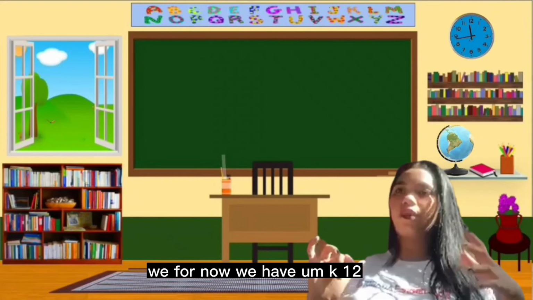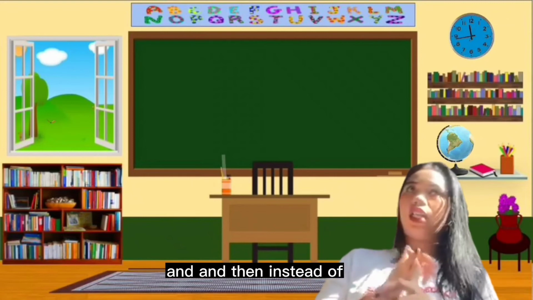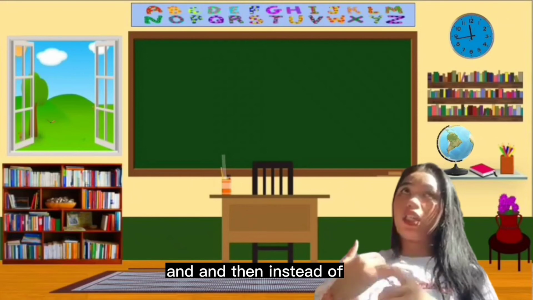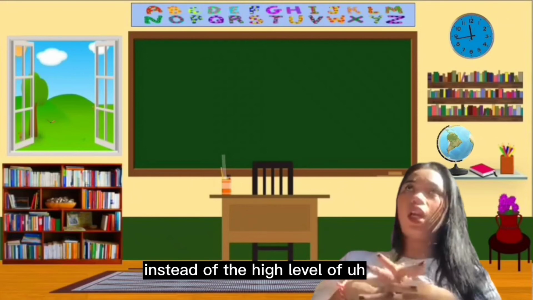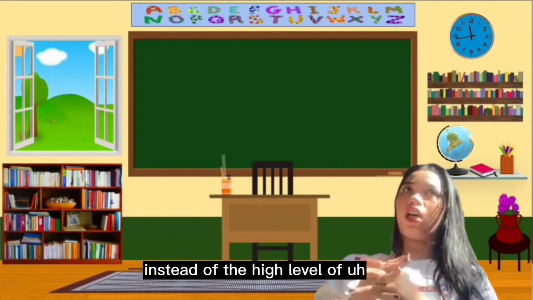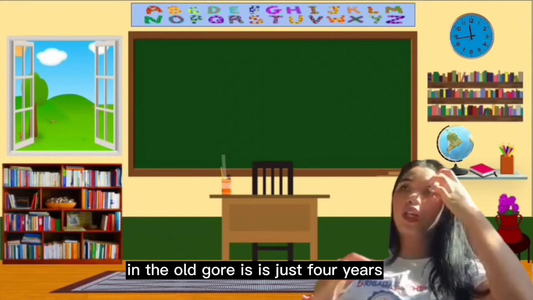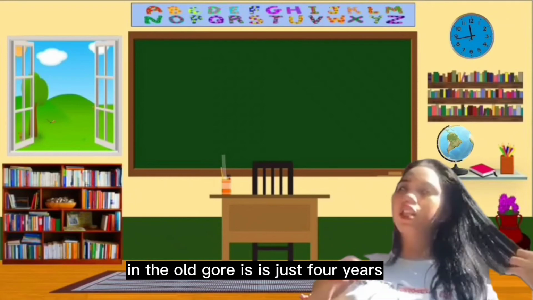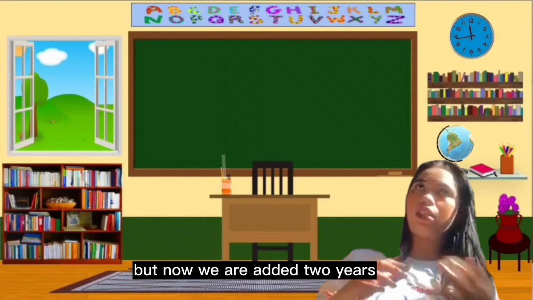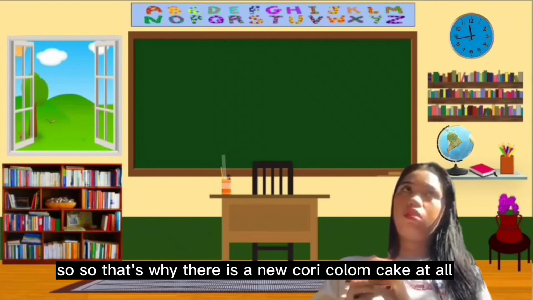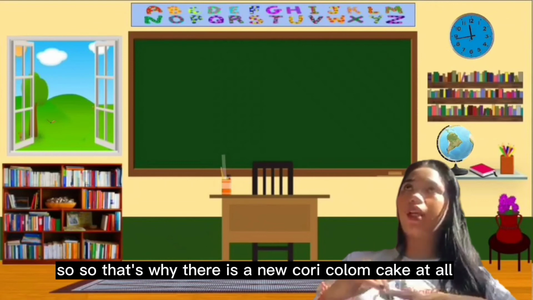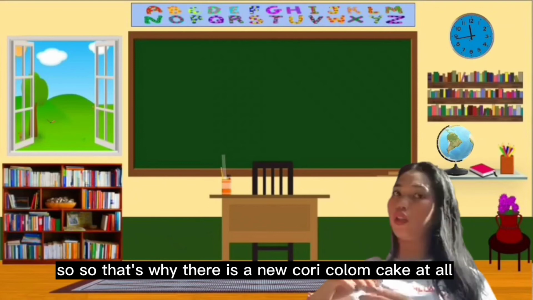For now we have K to 12. In the old curriculum, high school was just 4 years, but now we added 2 years. So that's why there is the new curriculum K to 12.